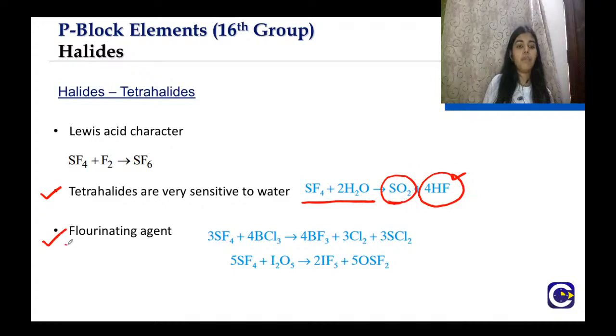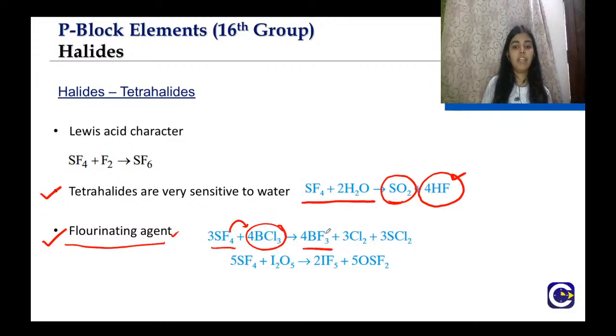The third point is very important, that is they act as fluorinating agents, right? Here if you take BCl3 and treat it with the tetrahalide of sulfur, it will give you BF3, that means it has fluorinated boron. Here also, I2O5 on reacting with SF4, SF4 fluorinates iodine forming IF5.